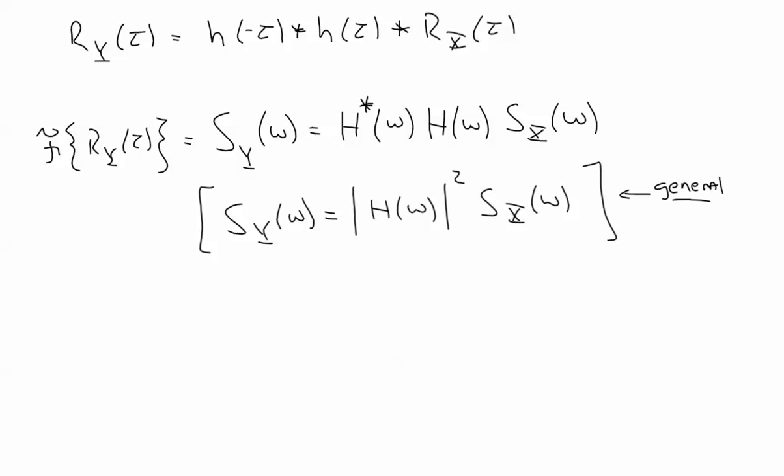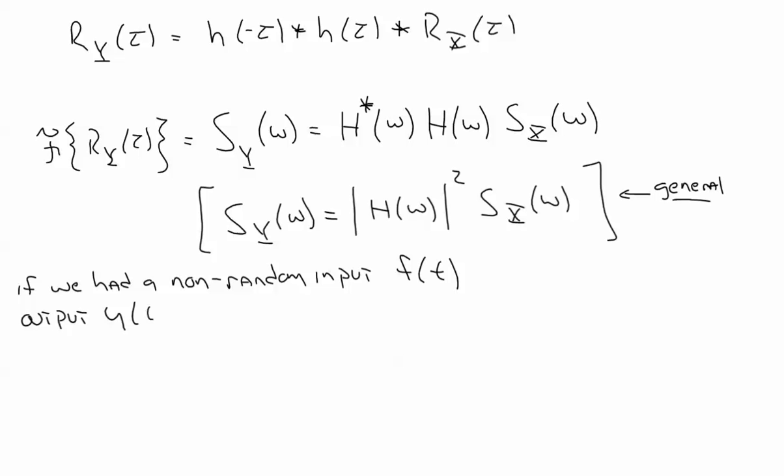All right, so you might compare this to a linear time invariant system with a non-random input, let's say f of t. The output y of t is related this way.